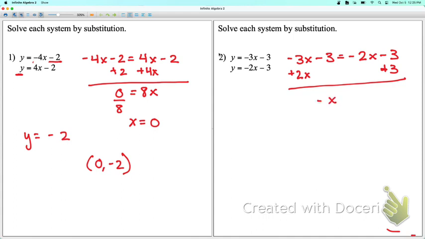Does it matter which one I do? No, we should get the same answer both ways. Okay, so negative x equals 0. Can I leave it negative x equals 0? Yes, you can do whatever you want. You have to multiply by negative 1 or divide by negative 1, right? So x equals 0. It is not going to always equal 0.